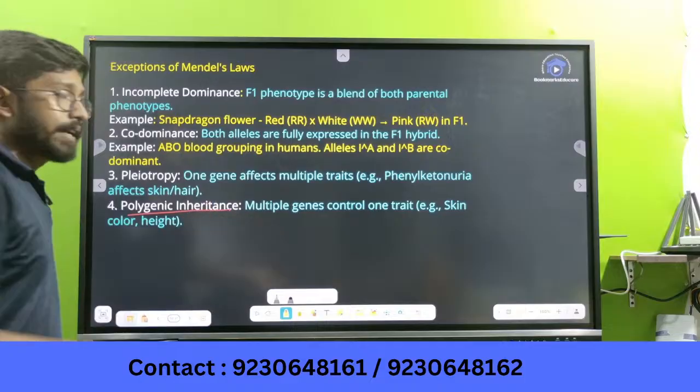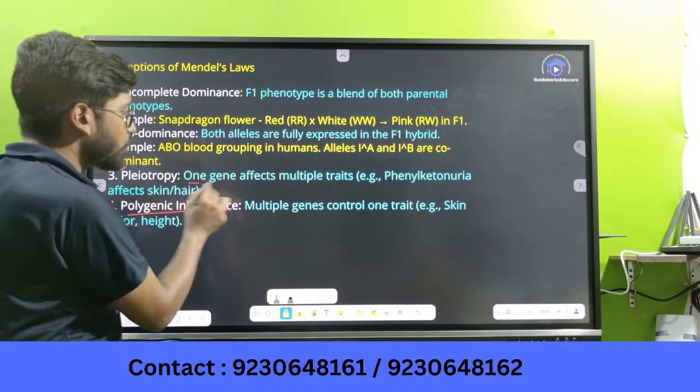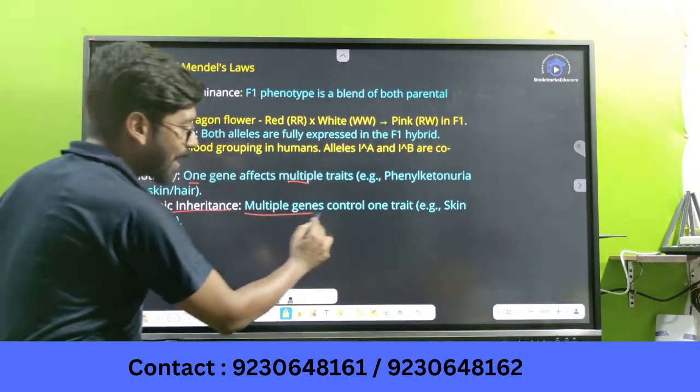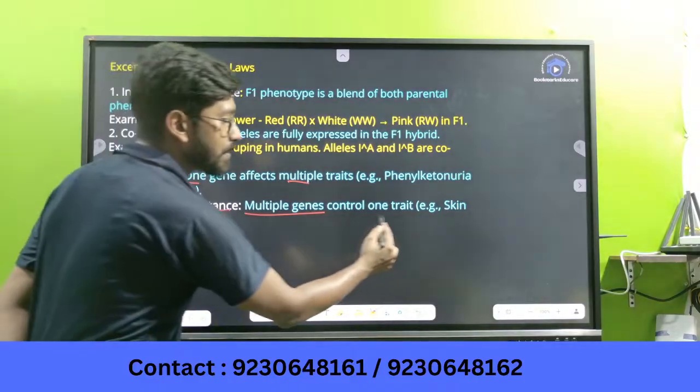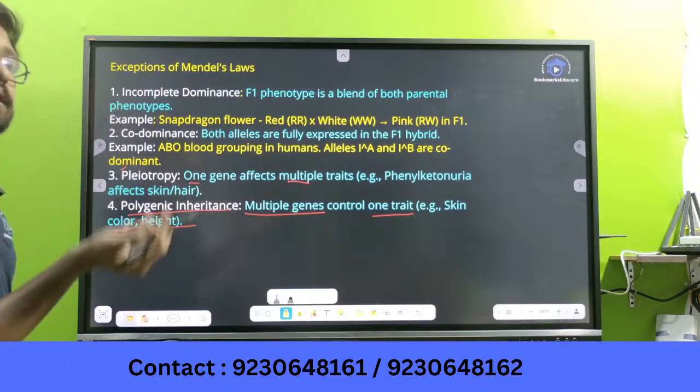Then polygenic inheritance. Now the opposite of pleiotropy will happen. What happened in pleiotropy? One gene affected multiple traits. Now we will see multiple genes controlling a singular trait. Your skin color, your height, these are all polygenic characteristics.